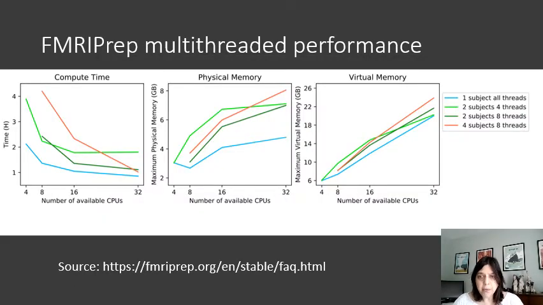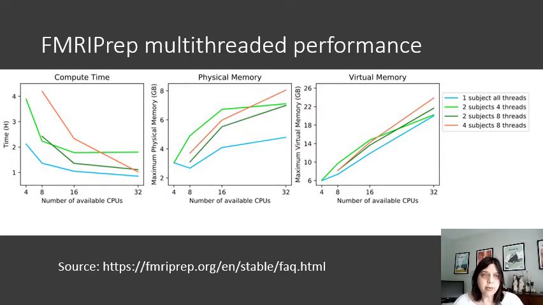And we can see here another popular application is FMRIPrep, and this is data taken from their website. If we look just at the left-hand diagram of compute time, we can see the number of available CPUs plotted against time. The blue curve is just one subject using all the threads, and there's a similar leveling off.